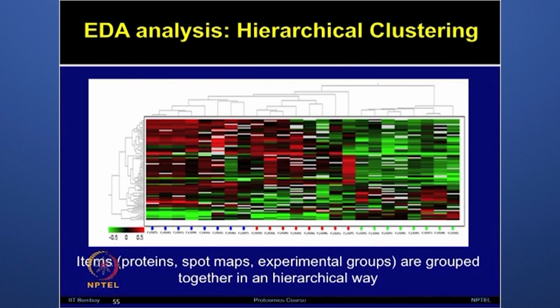It means it has higher protein abundance. So, this clustering is showing that the control belongs to one population and these two treatment groups are derived from the same population, but even within that population they have certain variation. So, these items, whether proteins, spot maps or experimental groups, can be grouped together in a hierarchical way by using this clustering.